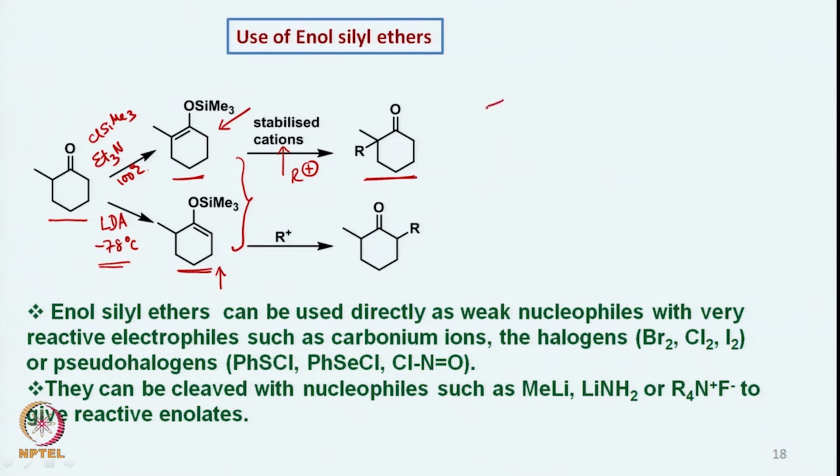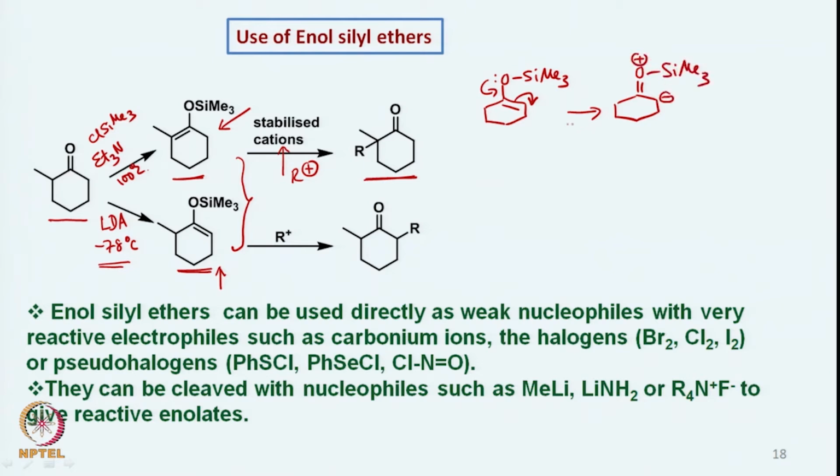Now, it is important that we have this enol silyl ether, and therefore the oxygen silicon bond is strong, oxygen is involved in this, and therefore the formation of these type of intermediates is not easily possible, because you have a positive charge on electronegative oxygen.